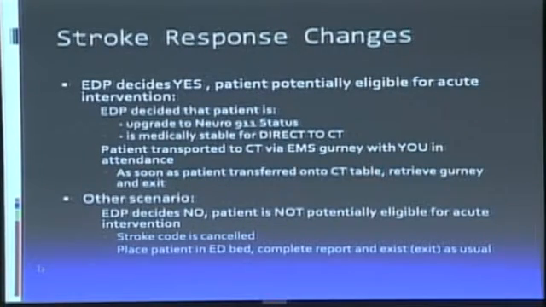We will look at this closely and monitor it, especially during the first week and month of the process, to make sure that you are not getting delayed in terms of your return to service time in any significant way. We hope that this will have a significant impact on our ability to provide quicker TPA administration.